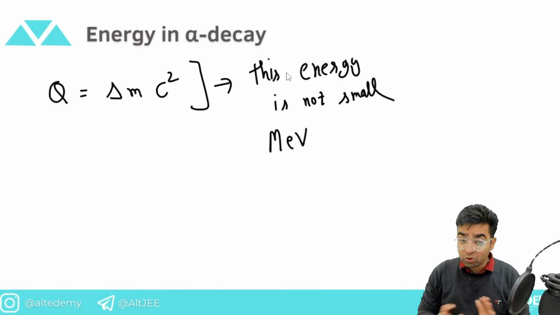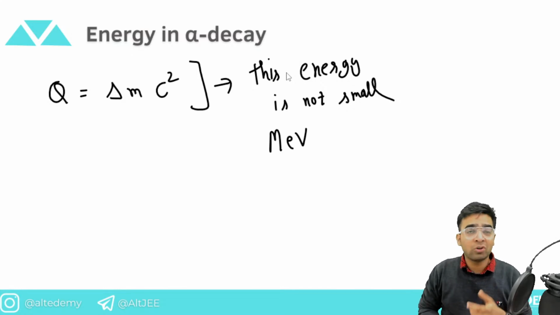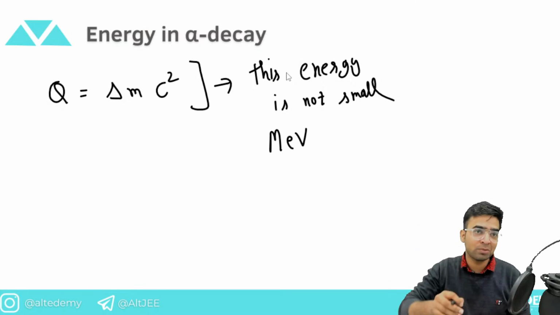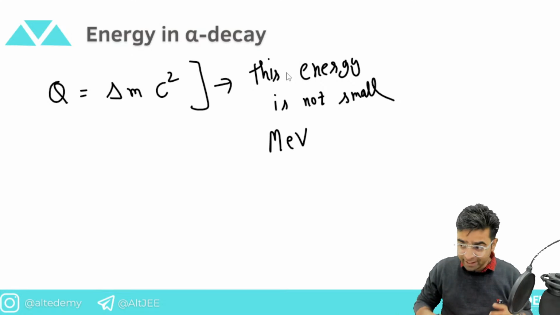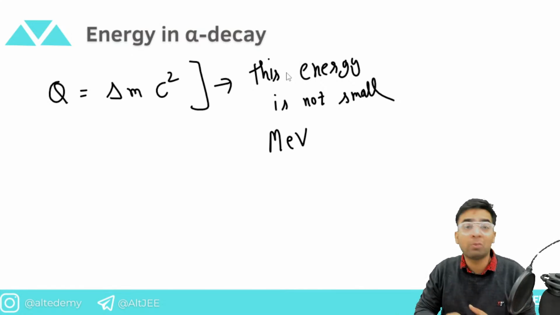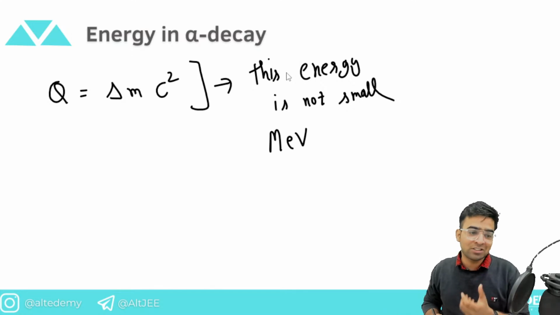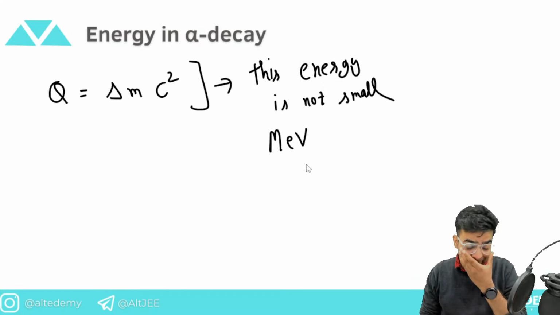You can compare this energy to the bombs America dropped on Hiroshima and Nagasaki. You know how much energy was released. So this energy is not small by any means.